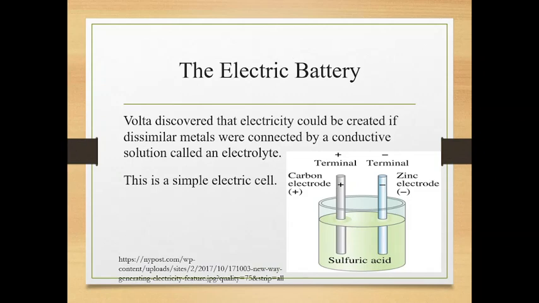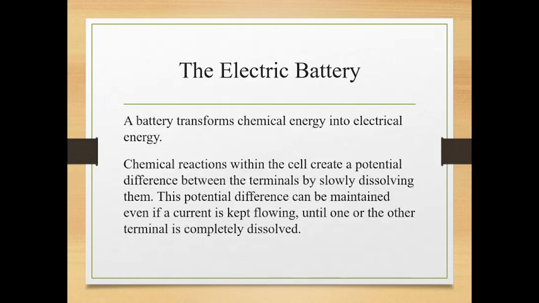The electric battery. Volta discovered that electricity could be created if two dissimilar metals were connected by a conductive solution called an electrolyte. This is a simple electric cell. Also, you can study this example of positive terminal and negative terminal. The electric battery. Let's talk about this.